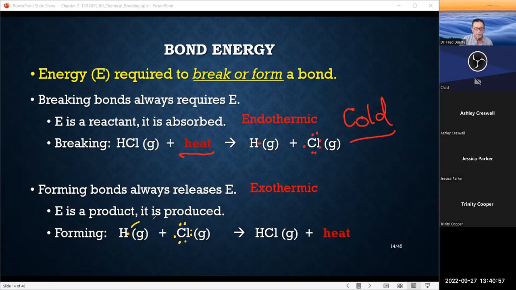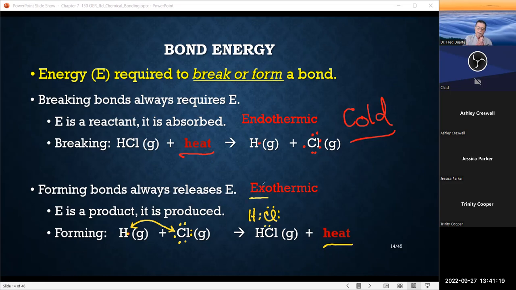And notice that they're going to share here to form this bond. Okay. And so if I were to put the dots around, we're going to have a lot more about these dots in a second. It looks like that. That single bond. See that? And we form the bond. Heat is given off, making it an exothermic process.